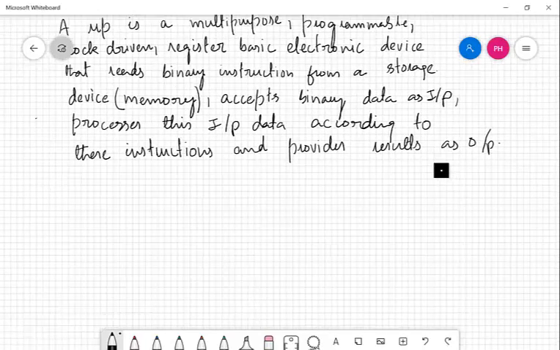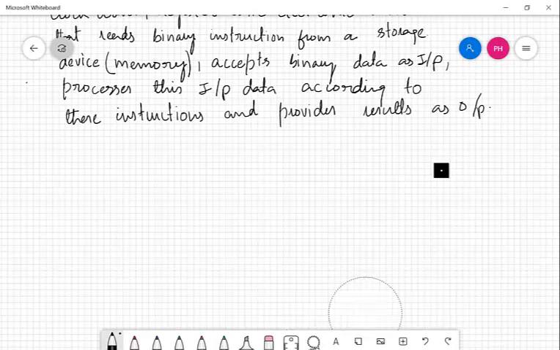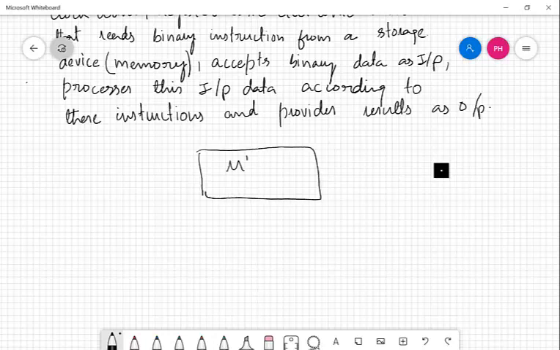We have a processor or a microprocessor, and then we have two things. We have memory in our computers.